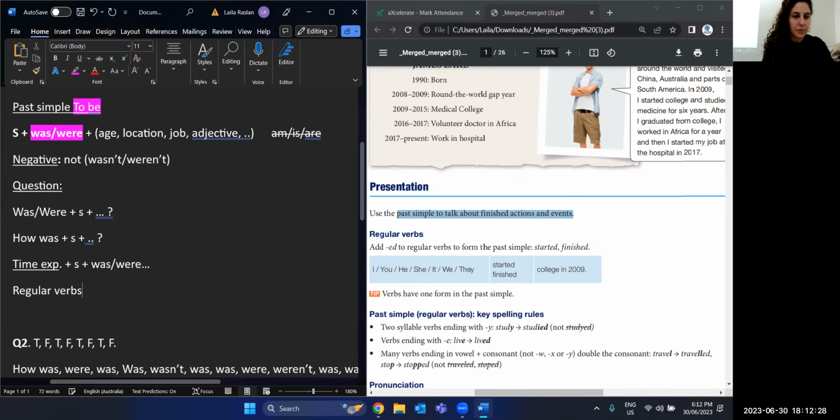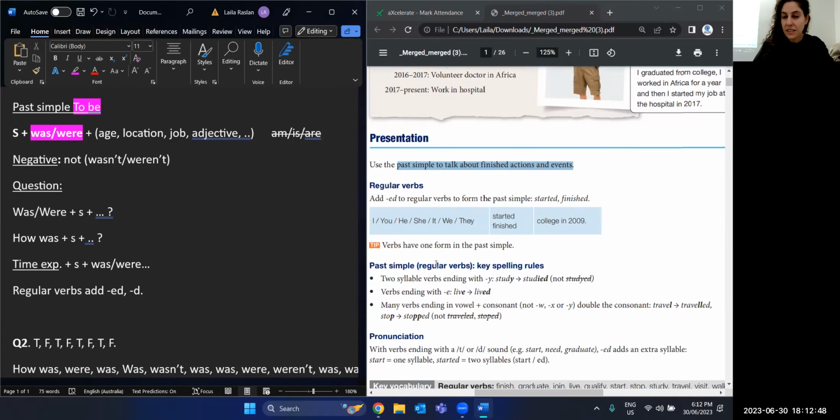So regular verbs, add D or ED. So started, finished. We looked at some pronunciation, if you remember earlier in the unit.